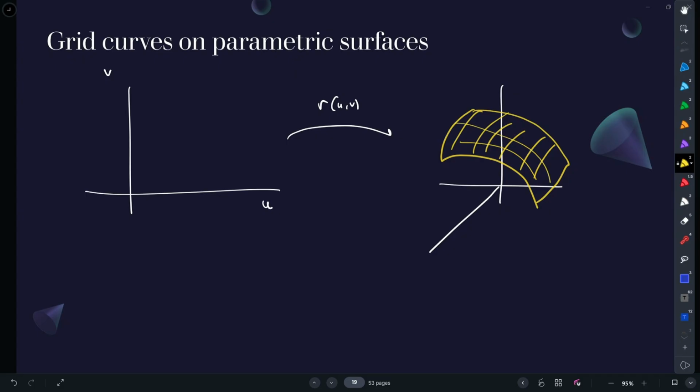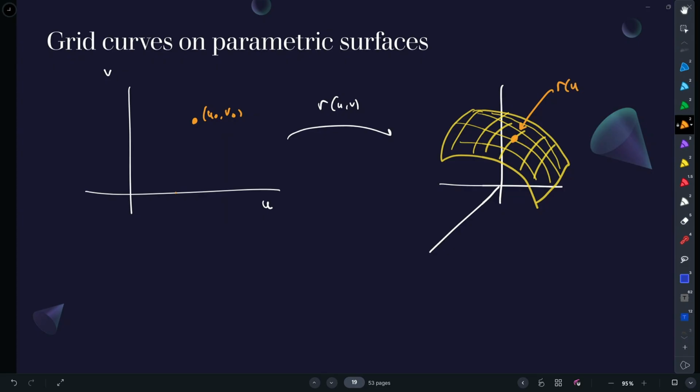like this, then usually the way I just drew my curve, those lines that I just drew to give a sense of what the surface looks like, those are precisely these grid curves I was talking about. So for a point u0, v0, that will land over here.